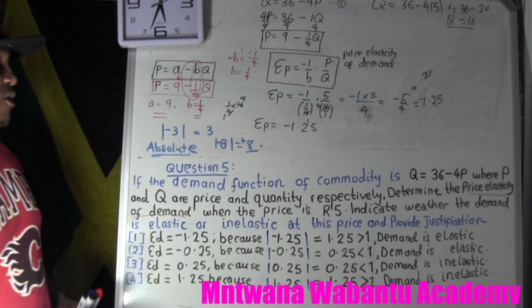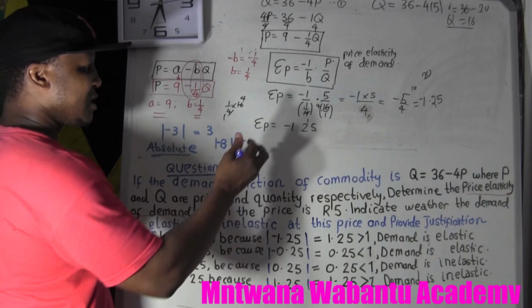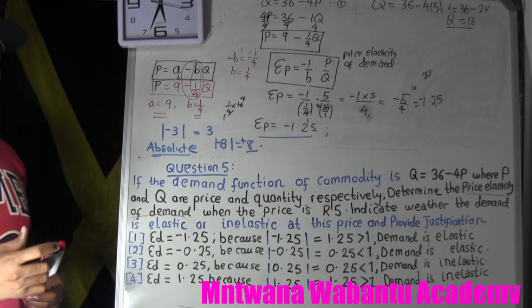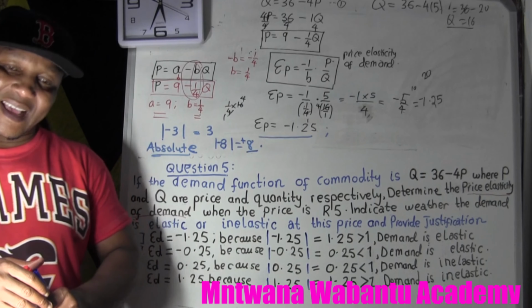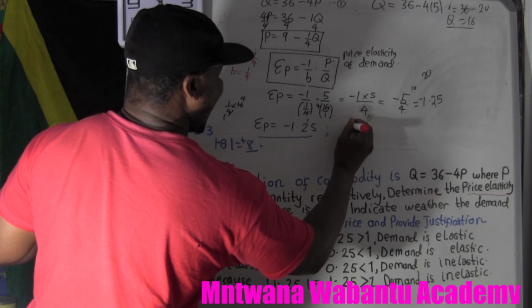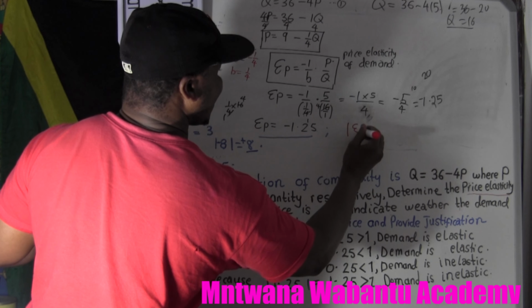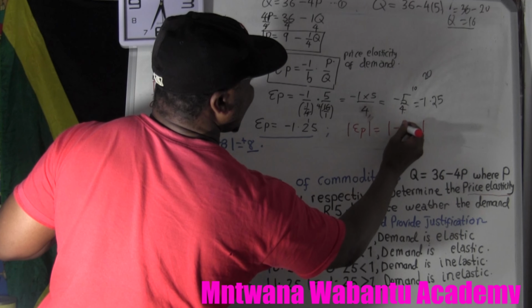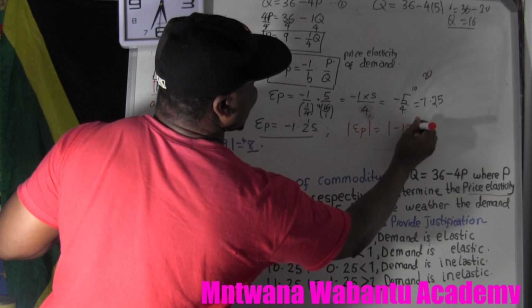So for us to know, this is the elasticity of demand. For you to determine whether it's elastic or inelastic, you have to put the absolute. So we're going to say now, the absolute of elasticity of demand. So I'm going to put absolute of negative 1.25.